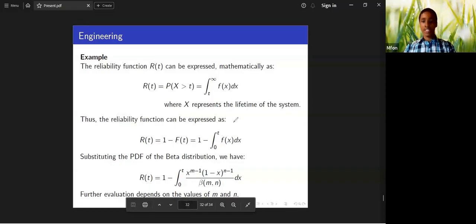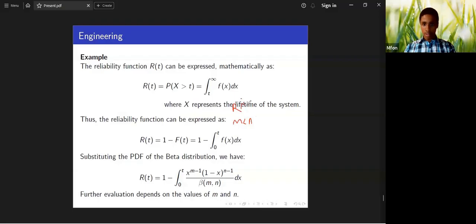For risk-seeking, m has to be less than n.